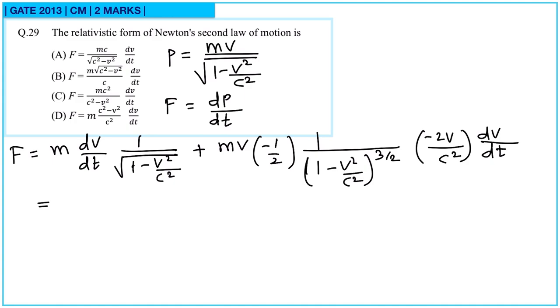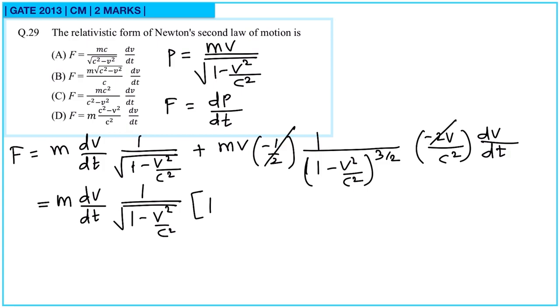So from here we can take m dv by dt common and also this 1 upon under root 1 minus v square by c square. So in the bracket we'll have 1. This minus sign and this half will cancel. Then we have here v square by c square upon 1 minus v square by c square, which can be written as (c square minus v square) by c square.